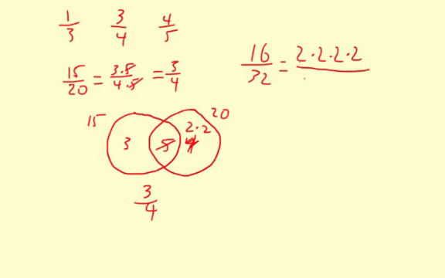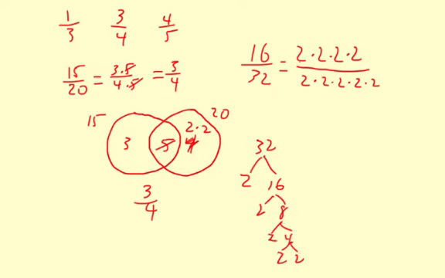And 32, that's 2 times 2 times 2, 5 times over. And you can do that doing this type of factoring tree, 2, 16, 2, 8, 2, 4, 2, 2, just like that.